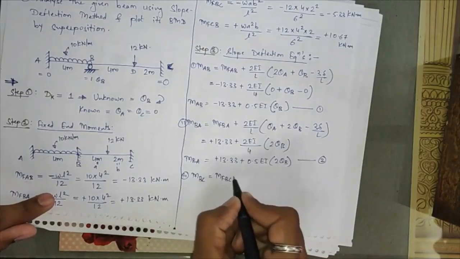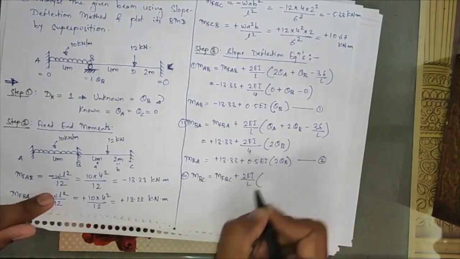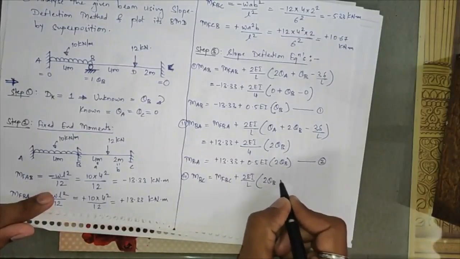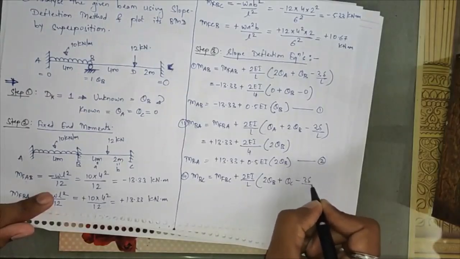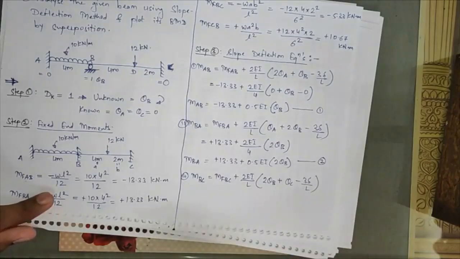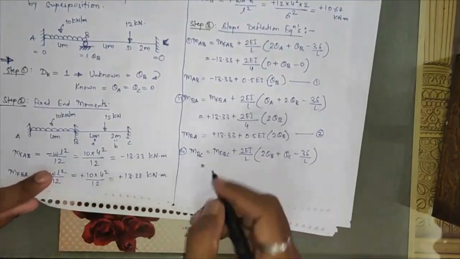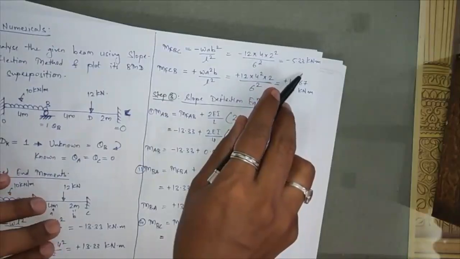MFBC plus 2EI upon L into bracket, near end that is our B, so 2 times theta B plus theta C minus 3 delta divided by L, right? So this comes equal to how much again? MFBC that we have calculated, I have got that as minus 5.33.